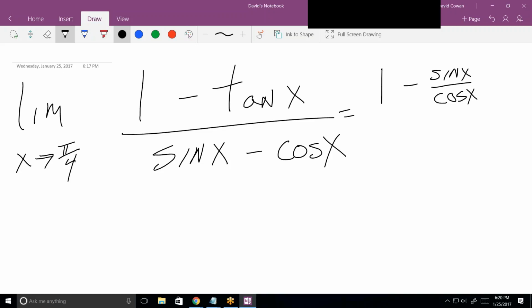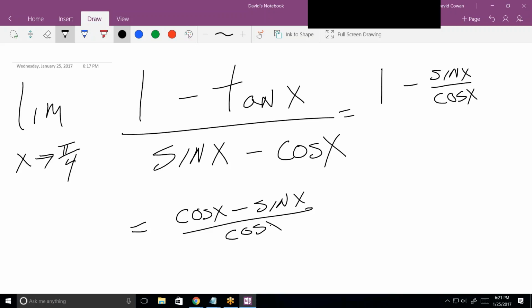That's the numerator. Combine that, what do you get? In other words, find a common denominator. Cosine x. Okay. What's 1 turn into? Cosine x over cosine x. Which means that whole numerator becomes this.